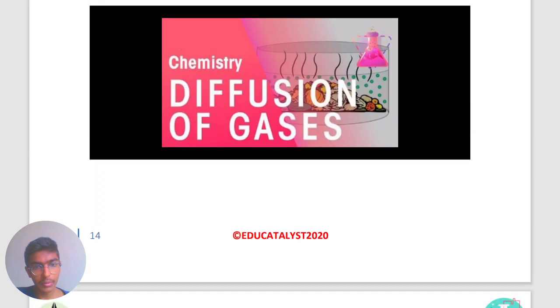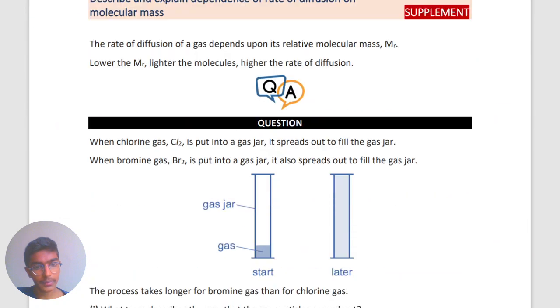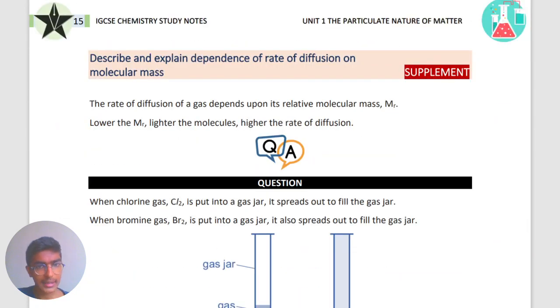Okay, so here we have some topics. Now let's have a look at diffusion and molar mass. Usually in MCQ questions, they give you maybe two substances, for example, chlorine and bromine, and they ask why the diffusion rate of one is slower than the other.